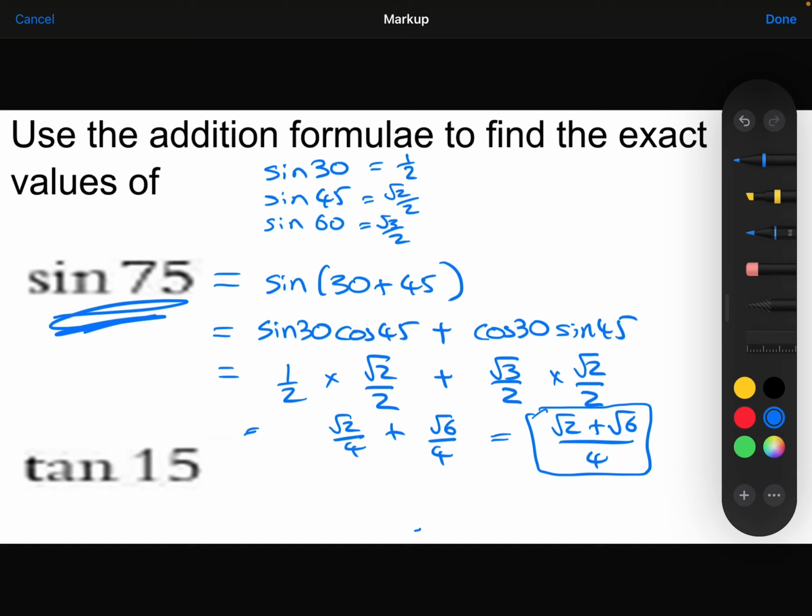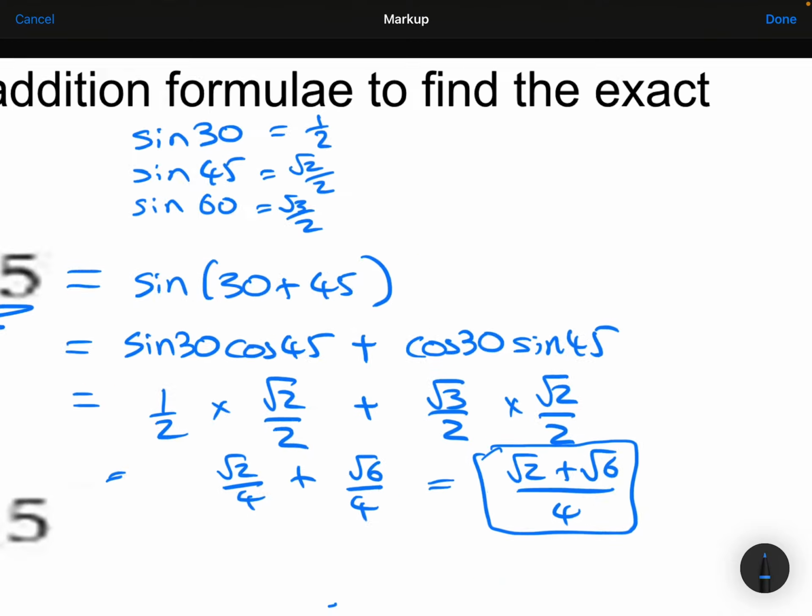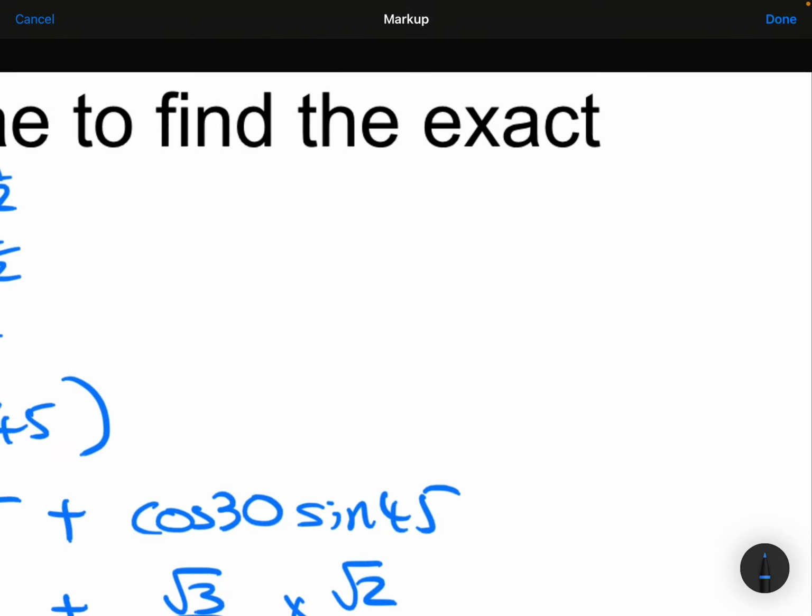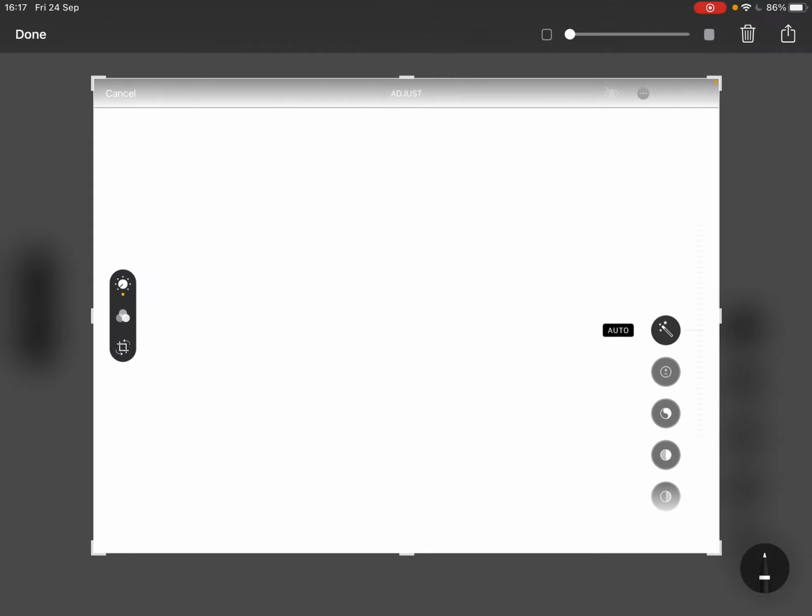Tan 15, we'll do that quickly as well. It's going to need a bit more space to do this. So let's just do a quick screenshot. Okay, so tan 15. I can think of tan 15 as being tan 45 minus 30.